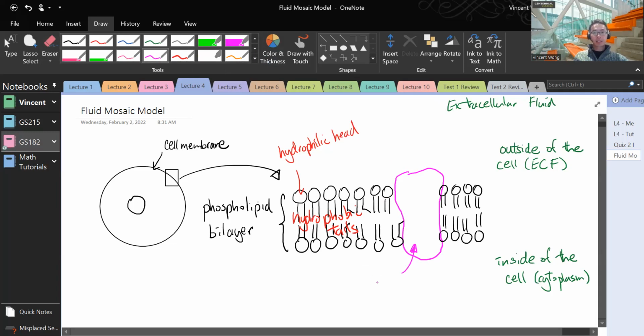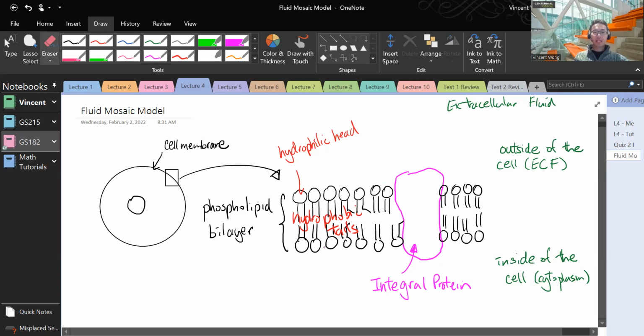All right, that's okay. I will tell you. This is the integral protein. So maybe it forms a channel for things to go through. Maybe it's going to participate in some kind of signaling.